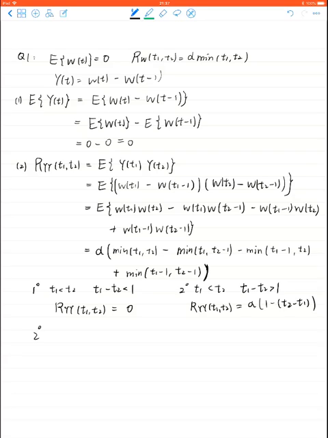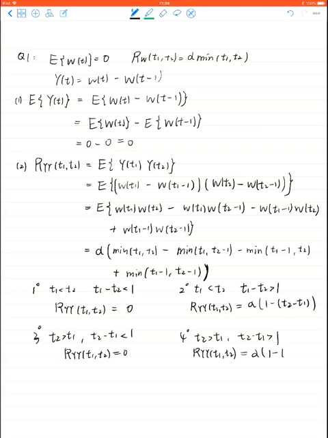The third case is t2 larger than t1 and t2 minus t1 less than 1. In this case, R_YY(t1, t2) equals 0. And fourth, the last case, is t2 larger than t1 and t2 minus t1 larger than 1. In this case, the autocorrelation function R_YY equals alpha times (1 minus (t2 minus t1)).